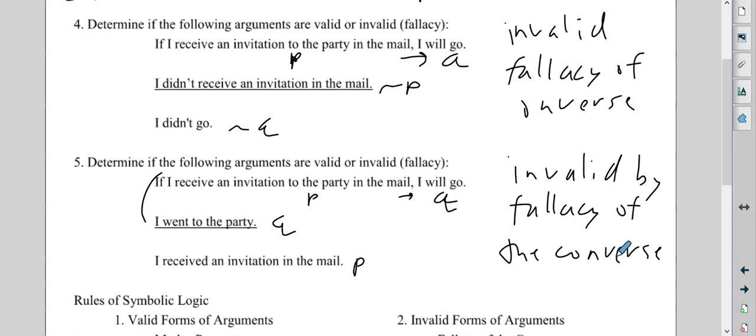And again, think about it. I went to the party. You could have crashed the party. Doesn't mean you got an invitation. You could have known you were invited, but it got lost in the mail. You don't know. Okay. Again, not whether it's true or false or whether it makes sense in the practical world. This is based on logic. In this situation, it does not guarantee. It's not a valid argument.